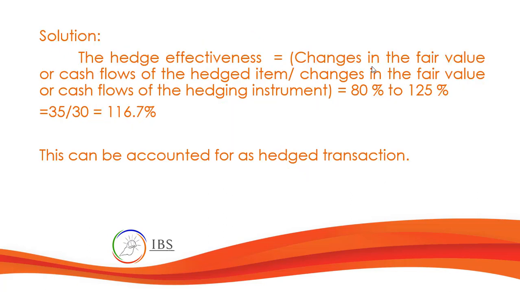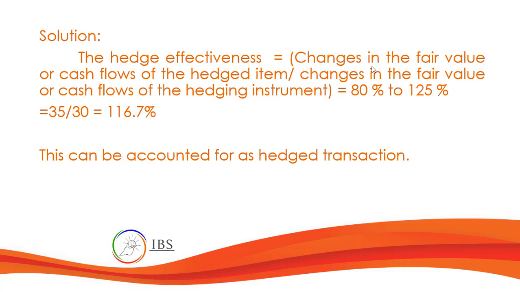So the solution will be the change in fair value or cash flows of the hedge item over changes in fair value or cash flow of the hedge instrument. So it should be within 80% to 125%.